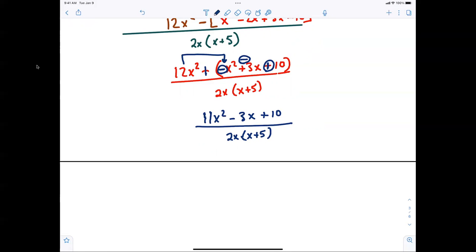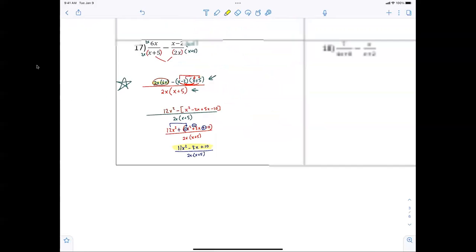Now, you're always technically supposed to look at this and say, does that factor? And right now, it does not factor. So guess what? That's our answer.